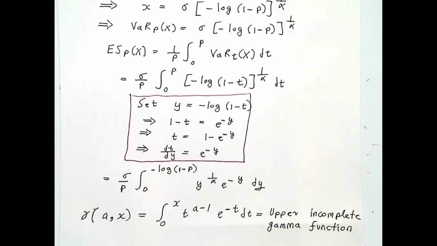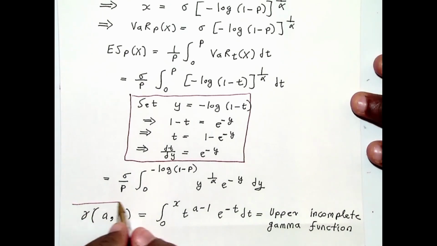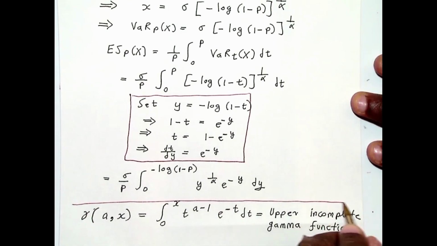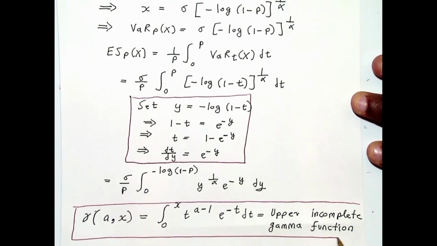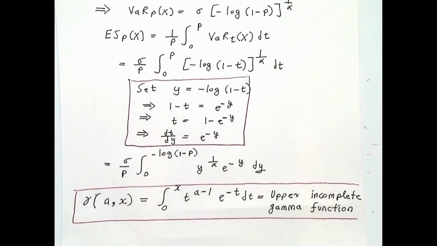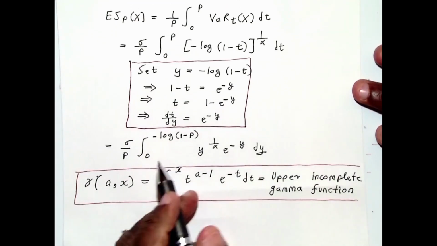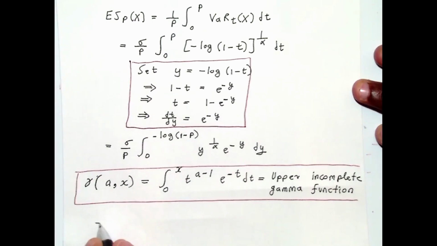All right, so let me put this in a box. You see the term upper incomplete refers to the upper limit being a fixed number instead of infinity. Okay, so using this definition, we can write this as follows.